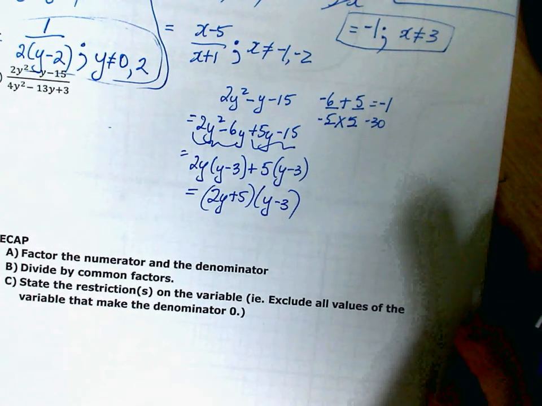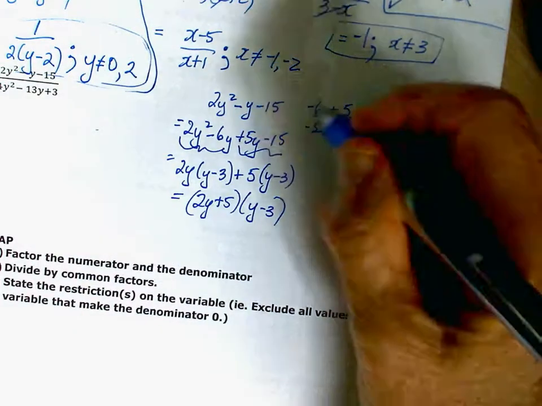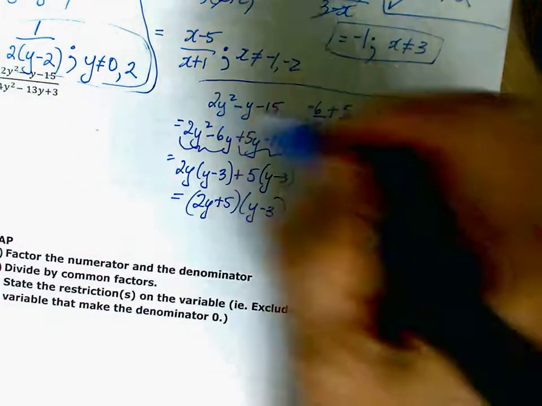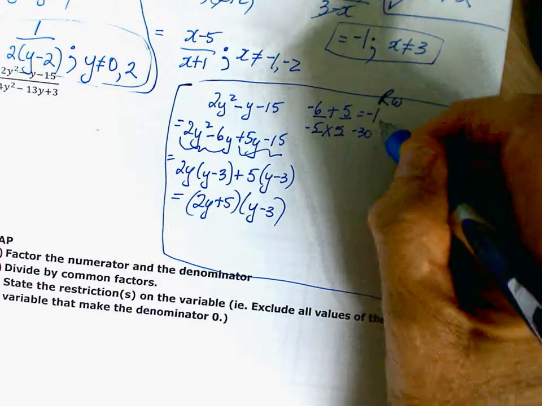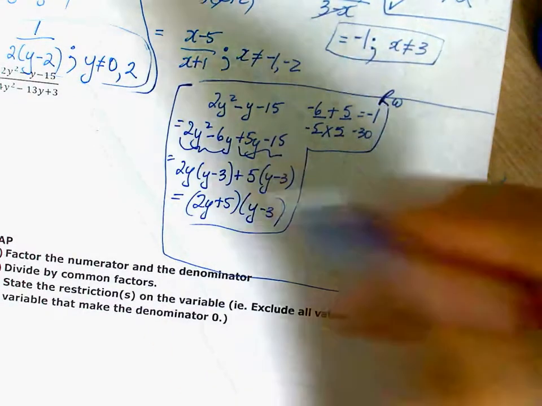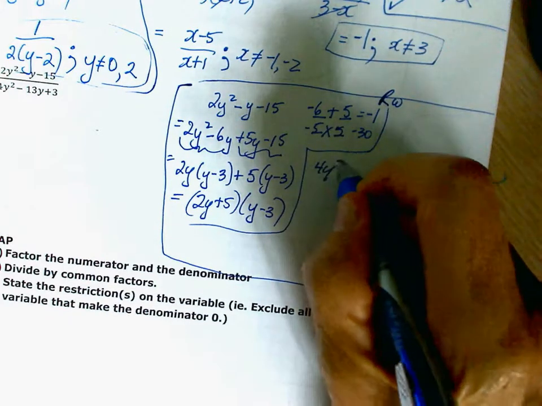Let's do this guy. This is all our rough work right here, right? 4y squared minus 13y plus 3.